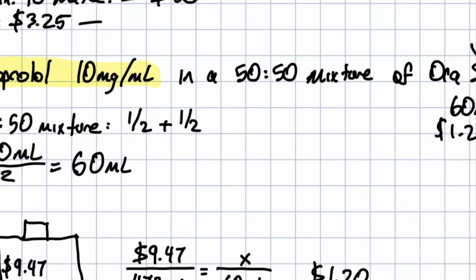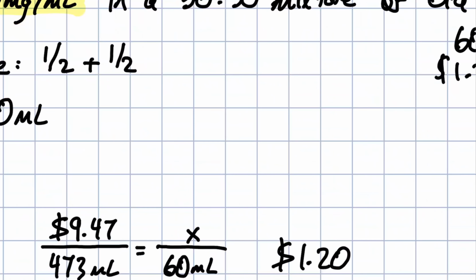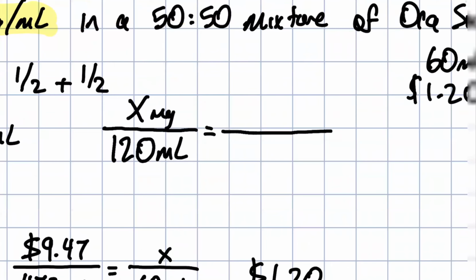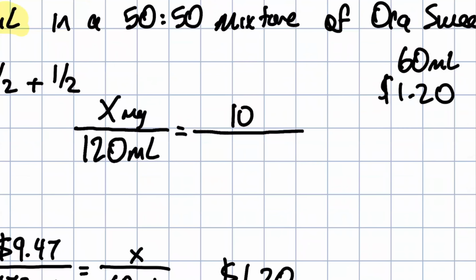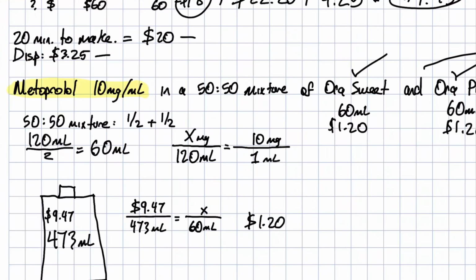So how big is the container? It's 120 mils. So 120 mils total is going to contain how many milligrams? Because this right here is our concentration, which is 10 milligrams per 1 milliliter. And so when you have that concentration, it's going to be consistent.